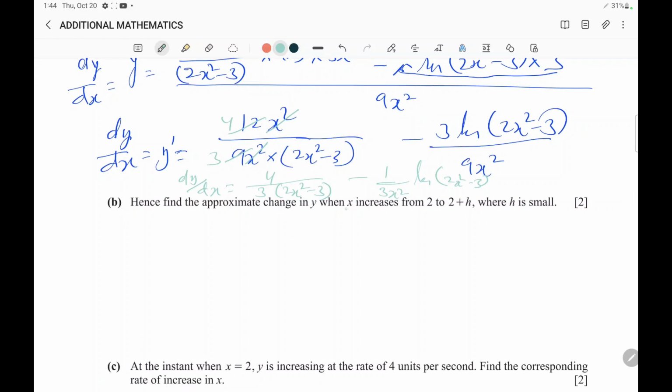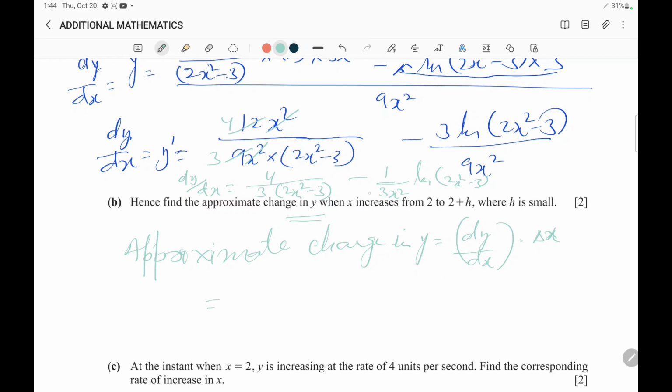Find the approximate change in y. Okay, so guys, approximate change in y equals dy by dx times delta x. Okay, dy by dx times delta x.